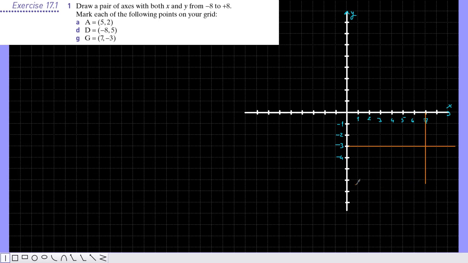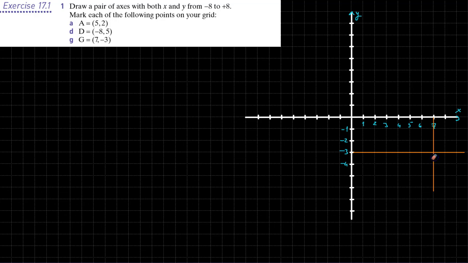These two lines intersect at the same point, this point, and this point is (7, -3). But when you are drawing these lines, they cannot be a straight line or line segment. We should do it with dotted lines, which means I'm going to do something like this here.